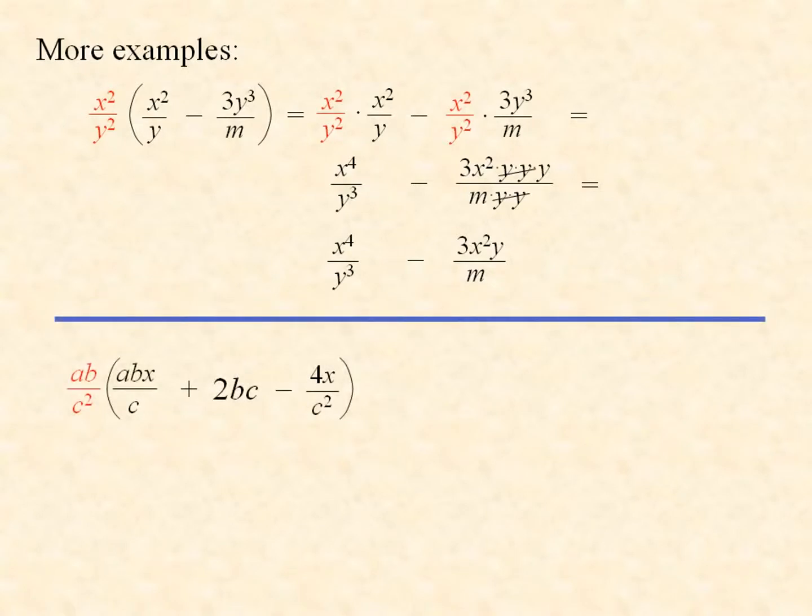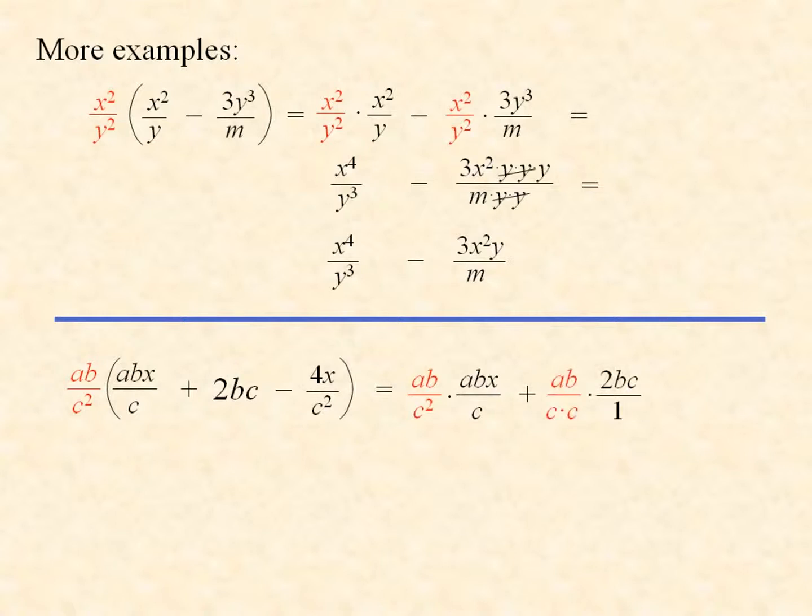Another example, ab over c squared times parentheses abx over c plus 2bc minus 4x over c squared. We distribute the ab over c squared. For the first term, we have ab over c squared times abx over c.